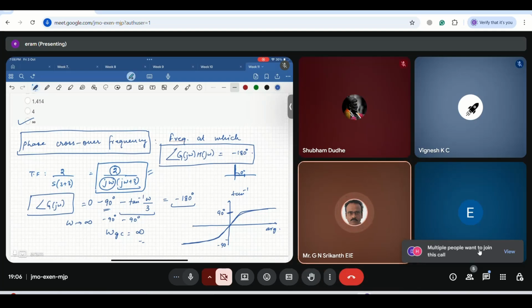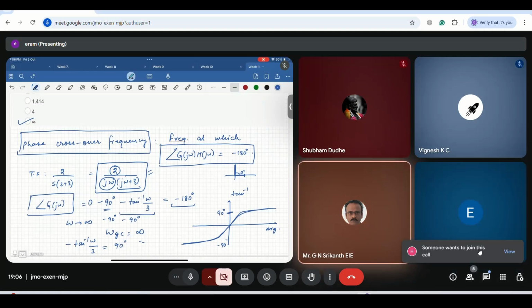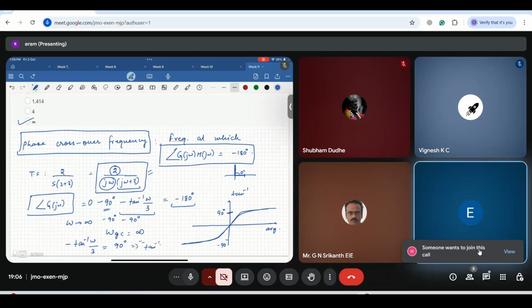If you take minus tan inverse of omega by 3, then it becomes minus 90 degrees.